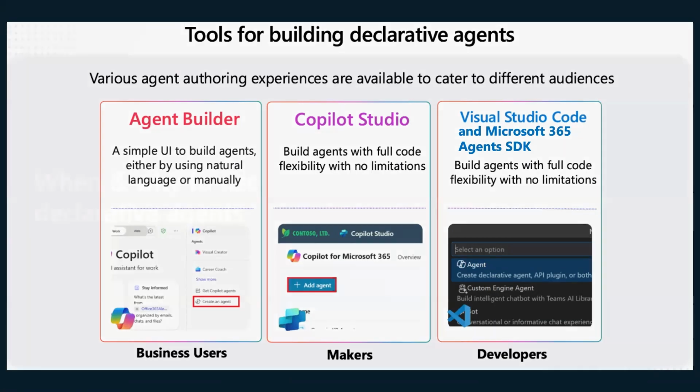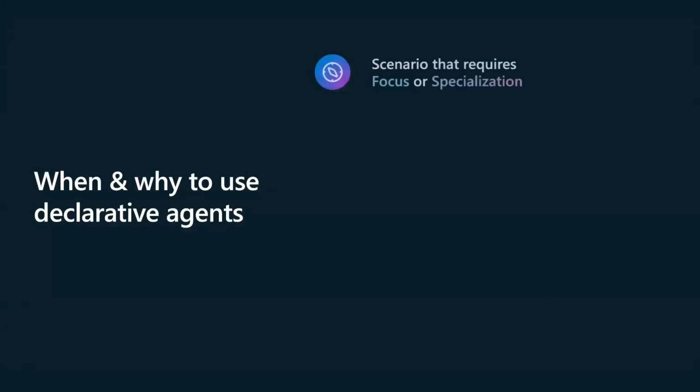So, when and why to use declarative agents? A scenario that requires focus and specialization. In this case, I didn't want to go to Jira. I wanted to get the answers right inside M365, not in a raw format, but in a more insights format. I want the agent to interpret the data for me, so I don't have to think about how to interpret it.